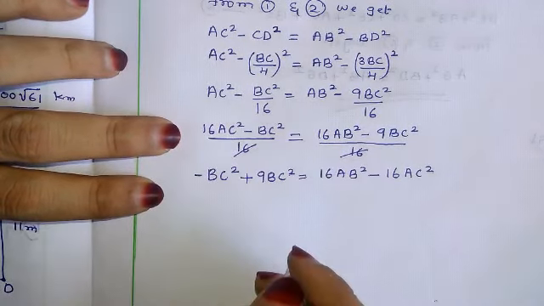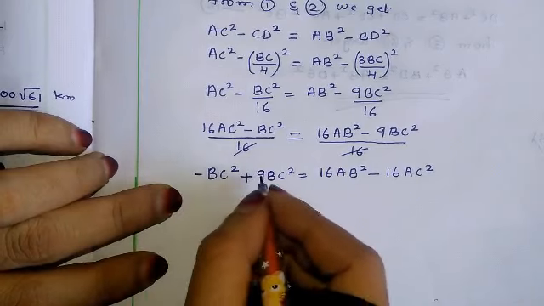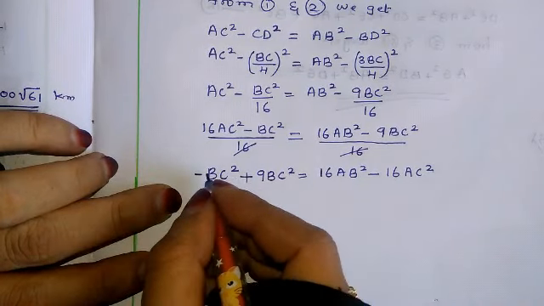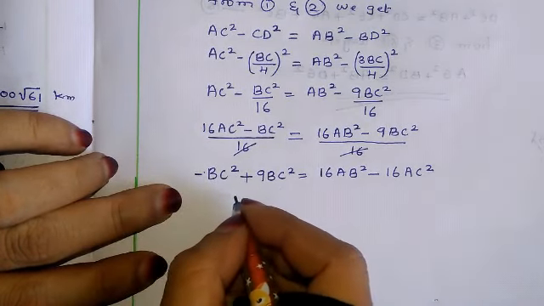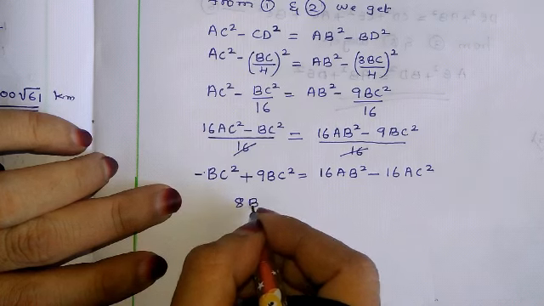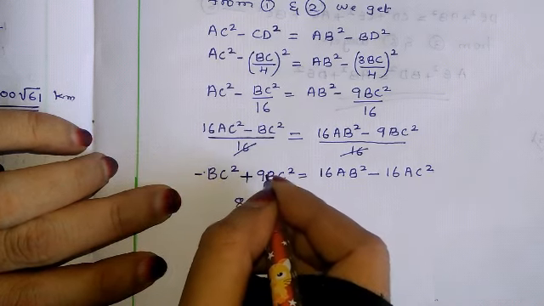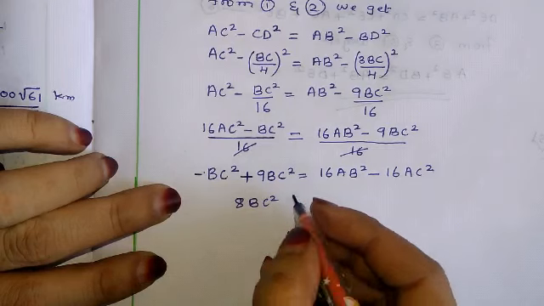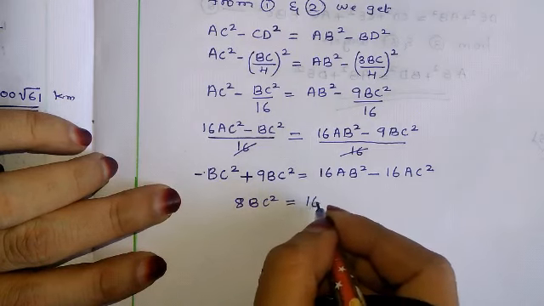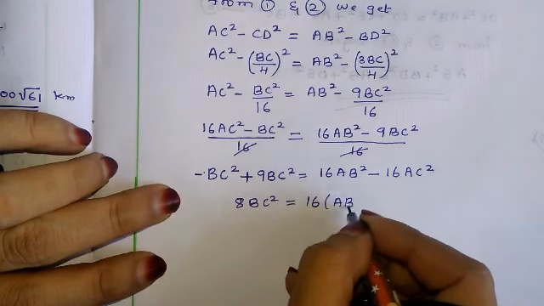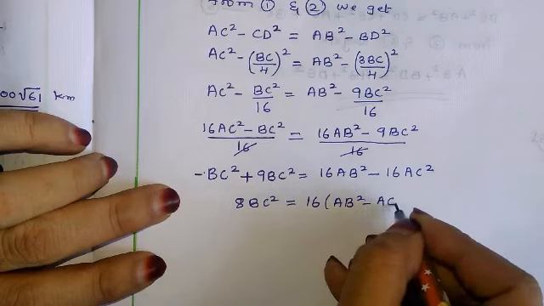Now plus minus is minus, 9 minus 1 means 8. What we'll get? 8 BC square. Positive sign is a greater number, so plus 8 BC square. 16 common, AB square minus AC square.